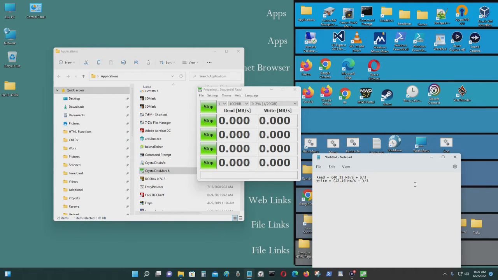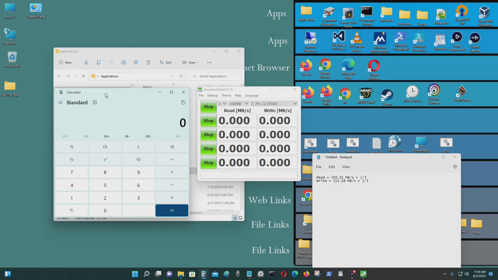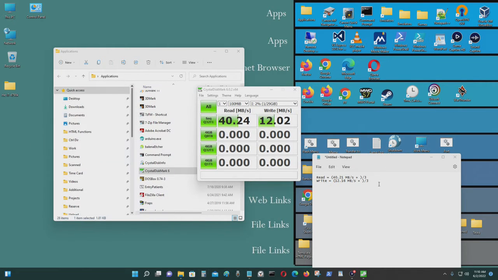The write speed is slower than the read speed. It's about 30% slower. Actually, it's 69% slower, 69.7% slower.